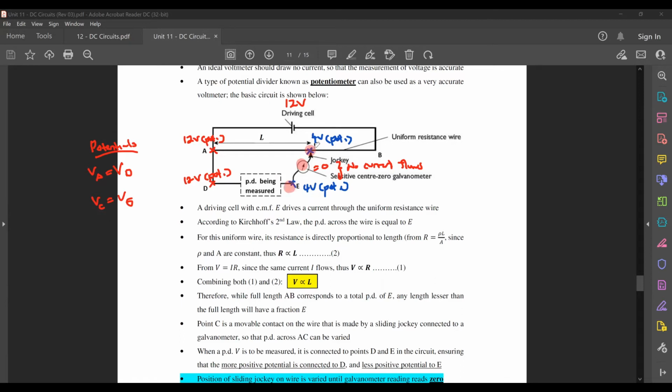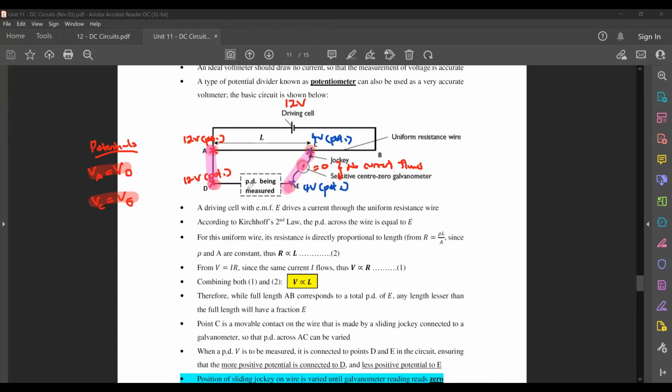That's why we say VC and VE have the same potential. And then likewise, due to the implications of Kirchhoff's first law, it will also mean that VA, potential at A, and potential at D are the same. Okay, that is what this statement means, right? So potentials A and D same, potentials C and E same.